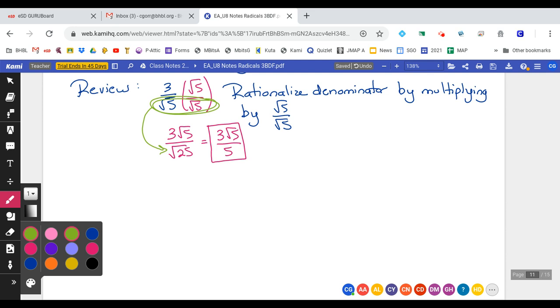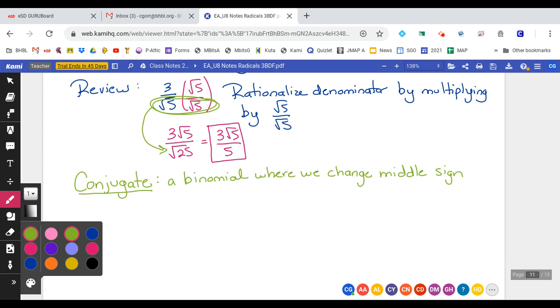So I have to introduce a new term to you, okay? And that thing is called a conjugate. A conjugate is a binomial where we change the middle sign.